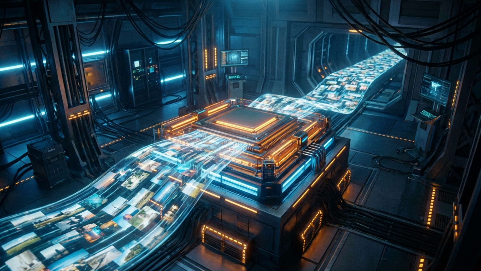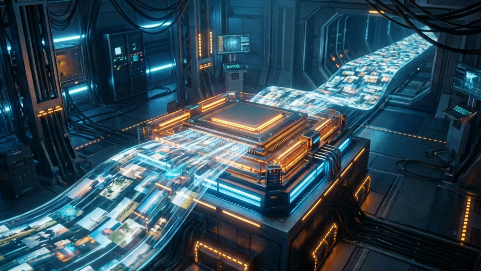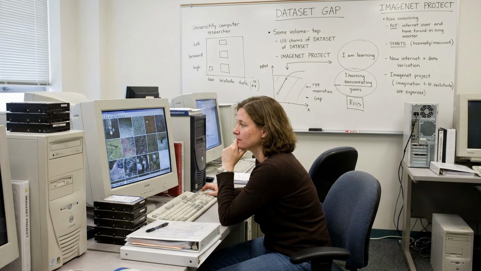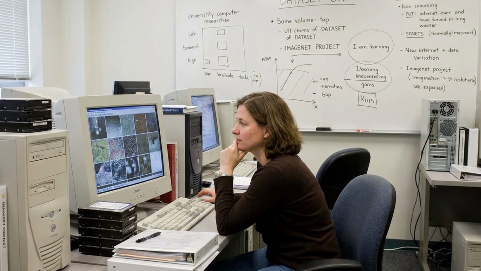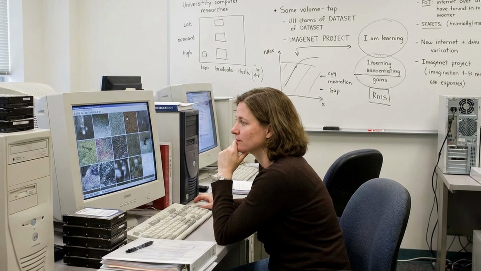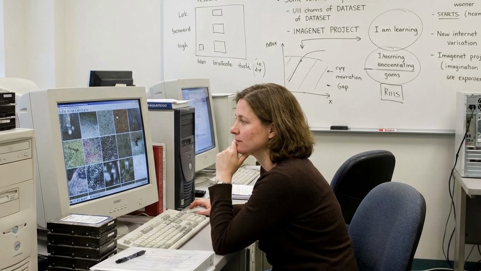The turning point emerged through the convergence of massive datasets and hardware-accelerated neural networks. In 2006, researcher Fei-Fei Li identified that the bottleneck in computer vision was not merely algorithmic, but rooted in a severe lack of diverse training data, leading her to champion the creation of the massive ImageNet dataset.